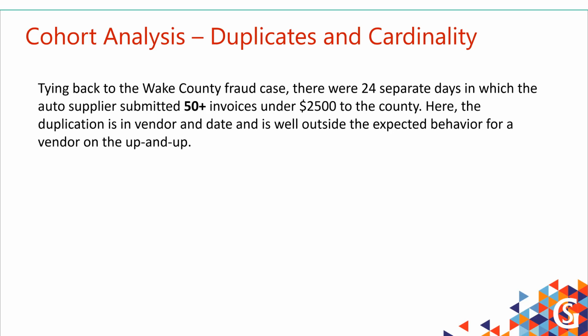Submitting two invoices on the same day just increases the risk that one of them gets lost in the mail or that it's lost behind somebody's desk and you don't get paid. 50 is absurd. Nobody submits 50 invoices over the course of a day. All of those invoices also happen to be under a magical cutoff value. This is extremely suspicious behavior.